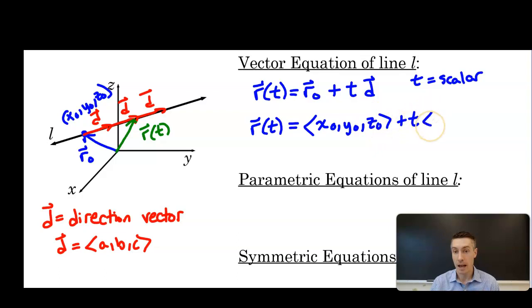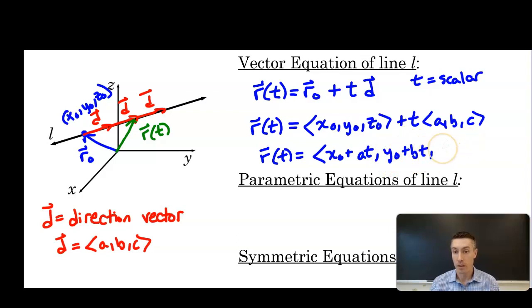And instead of writing it as two separate vectors, we can combine into a single vector. So x naught plus at, y naught plus bt, z naught plus ct. Right, so there's our vector equation of the line, a general vector addition equation.